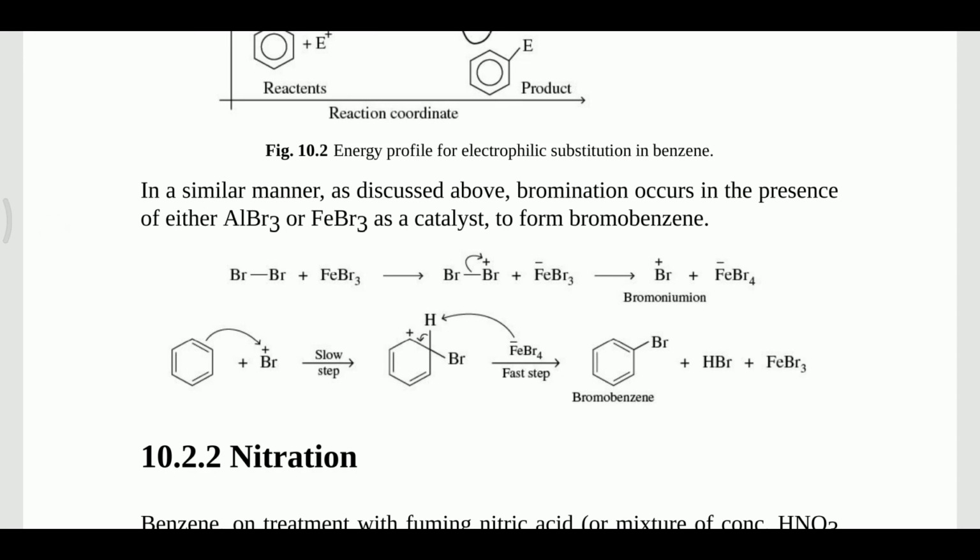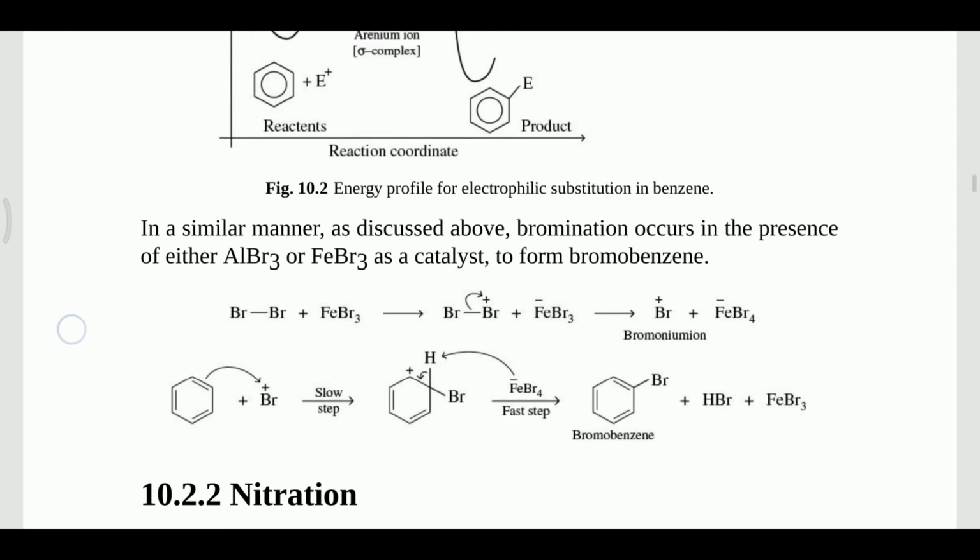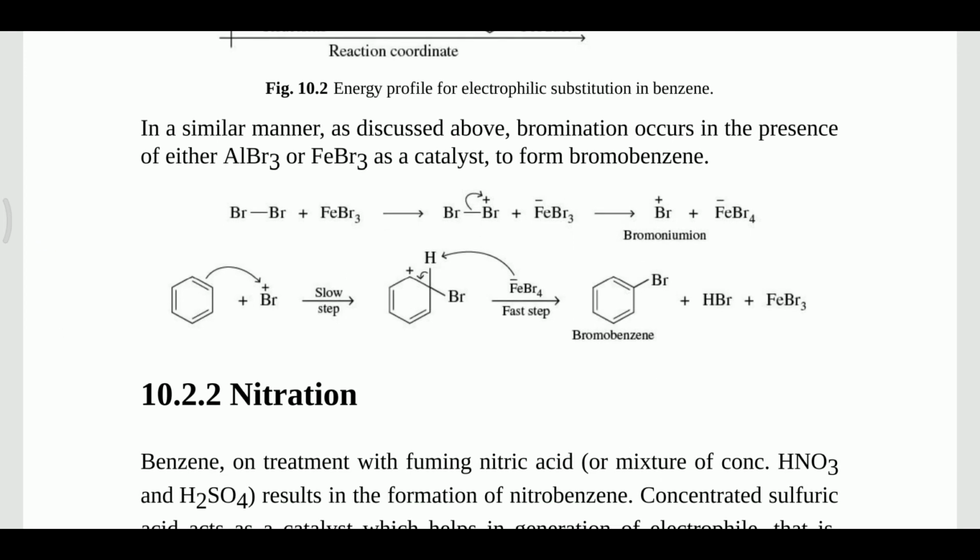First they form the bromonium ion, then the bromonium ion attacks the benzene ring system. It is a very slow step. Then at the last, loss of a proton from the arenium ion and they form bromobenzene. Similar to chlorine. Next one was nitration.